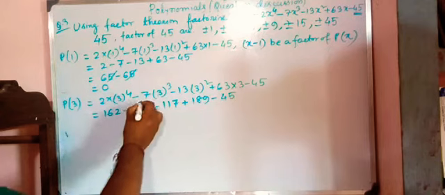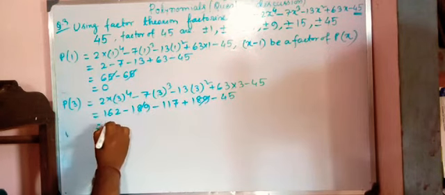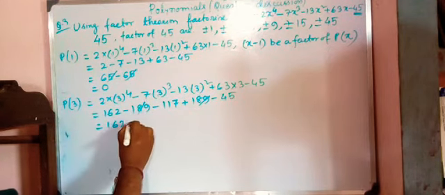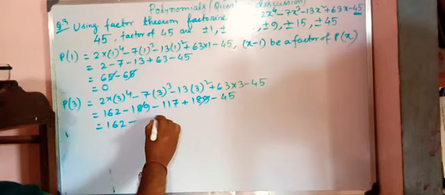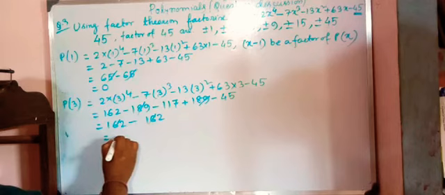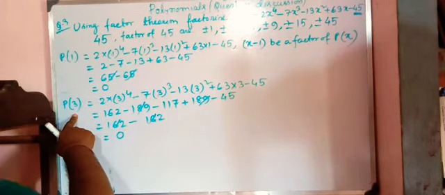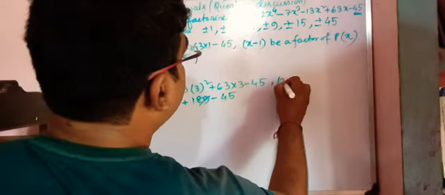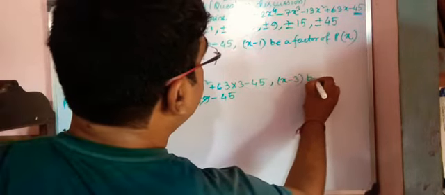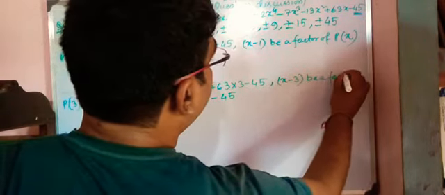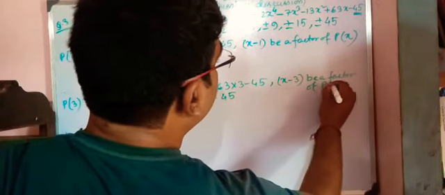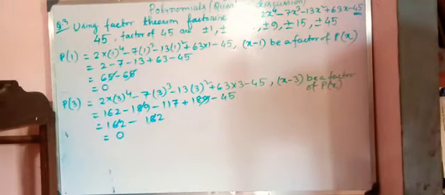So 189 cancels, 162 minus 162 cancels. So 3 is a zero, so x minus 3 is a factor of P(x). Understood?